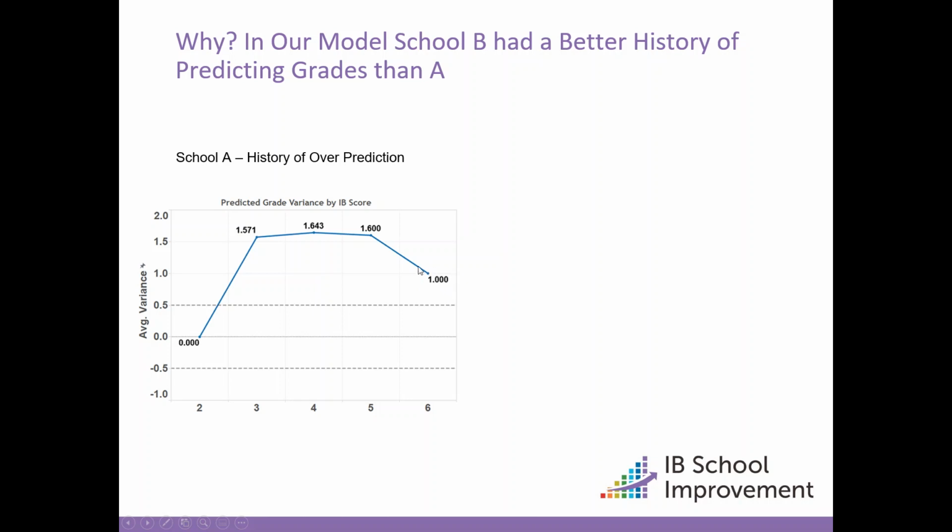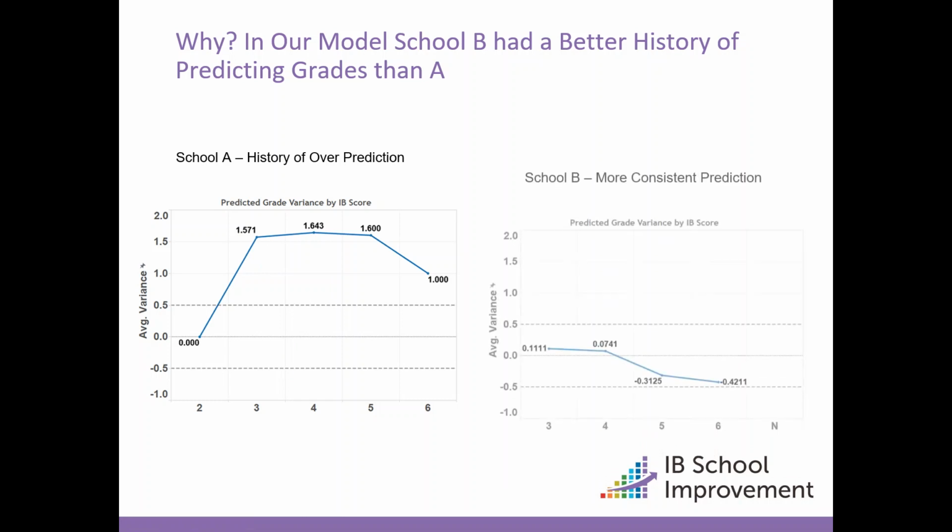Kids who were predicted as 6 generally earned a 5. You notice the trend gets worse. Kids who were predicted at 5 got only a 4 or perhaps a 3. And the same continues at the 4, and the same continues at the 3. You notice they are way out of what we would expect an appropriate predicted grade variance to be, plus or minus 0.5.